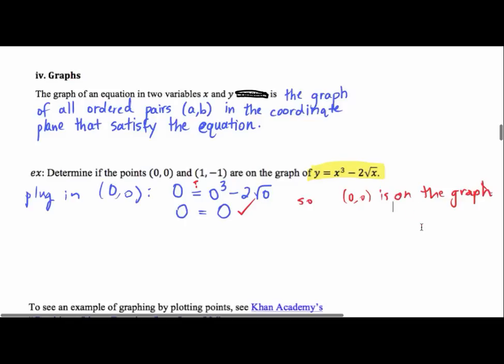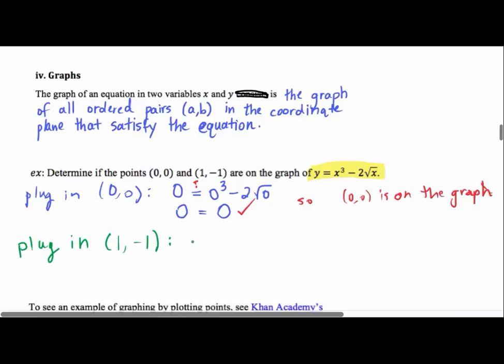All right, you check the next one. Is 1, comma, negative 1, is that on the graph? Okay, that means x is 1, y is negative 1.